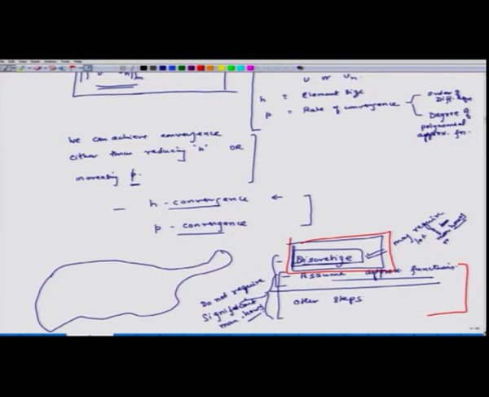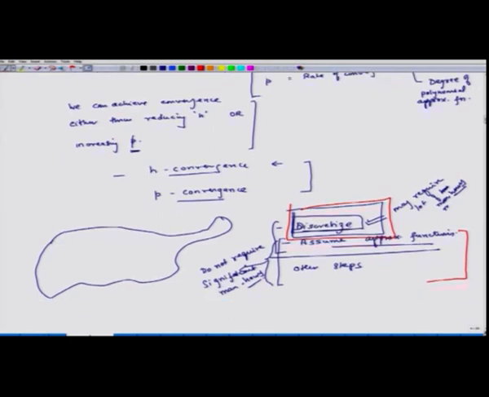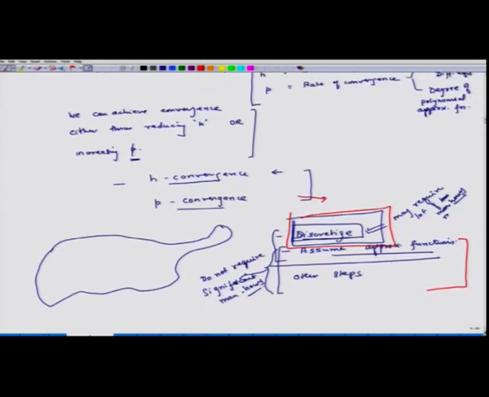And because of the same reason, the P convergence approach can be automated, because once you have a mesh, all you have to do is keep on increasing the order. But in H convergence, human intervention is required repeatedly. So that is why this sometimes may be faster.